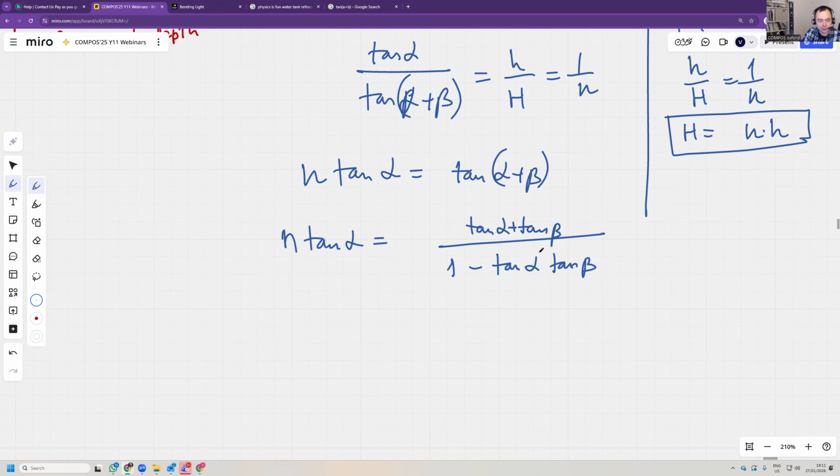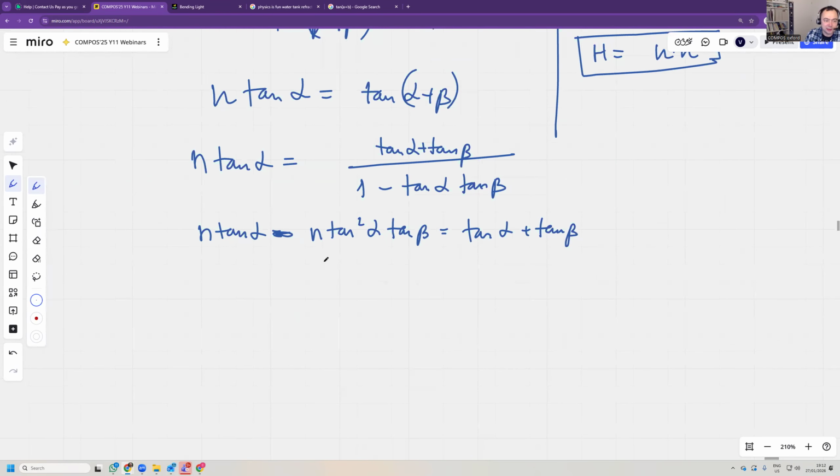Yes, it's minus. Does that make life easier? Not particularly. But okay, let's still do it. N tan alpha minus n tan squared alpha tan beta equals tan alpha plus tan beta.